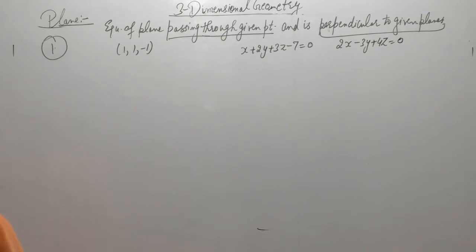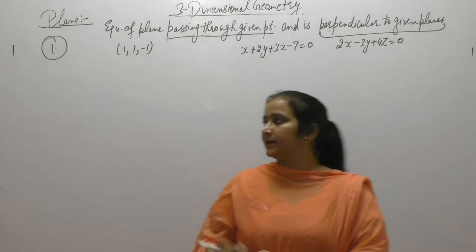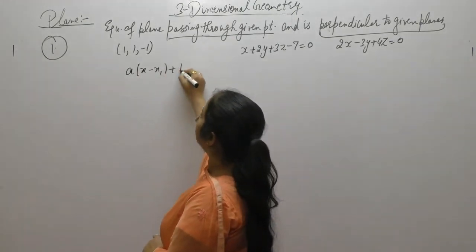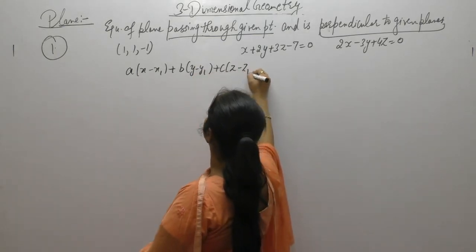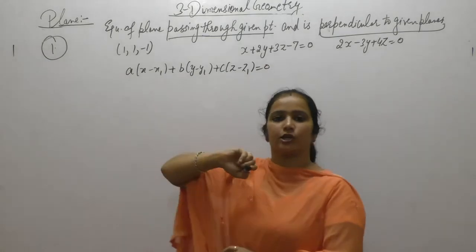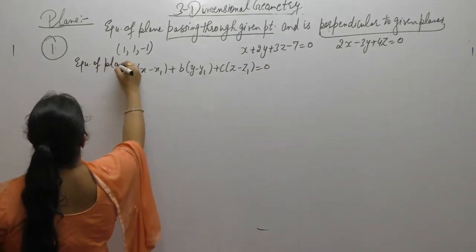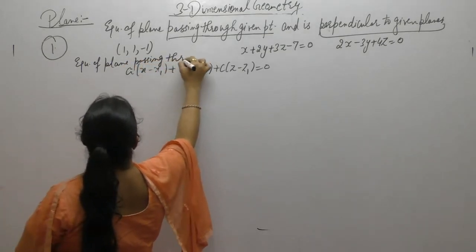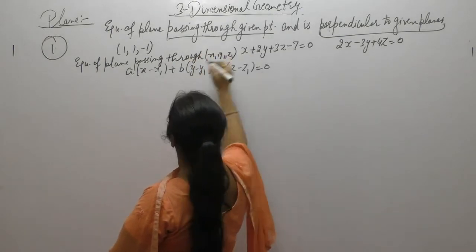Now we know the equation of plane passing through one point. क्या होती है इक्वेशन ऑफ प्लेन? अगर एक पॉइंट में से पास करता है, a(x - x1) + b(y - y1) + c(z - z1) = 0, यही होती है इक्वेशन ऑफ प्लेन पासिंग थ्रू x1, y1 and z1.